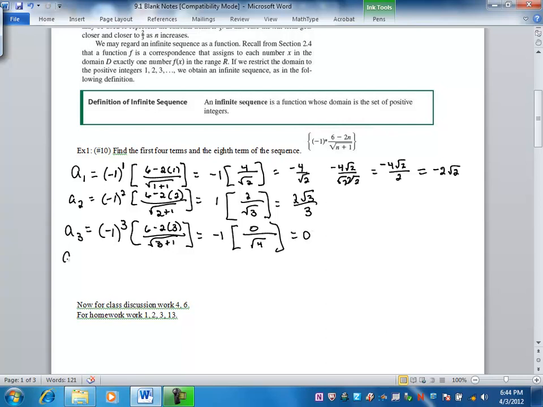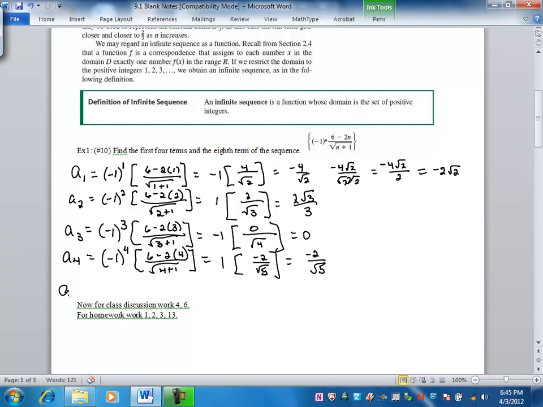The fourth term, a sub 4: -1 to the fourth, times 6 minus 2 times 4 over the square root of 4 plus 1. So we get 1 times 6 minus 8 is -2 over the square root of 5, and so we get -2 over the square root of 5.